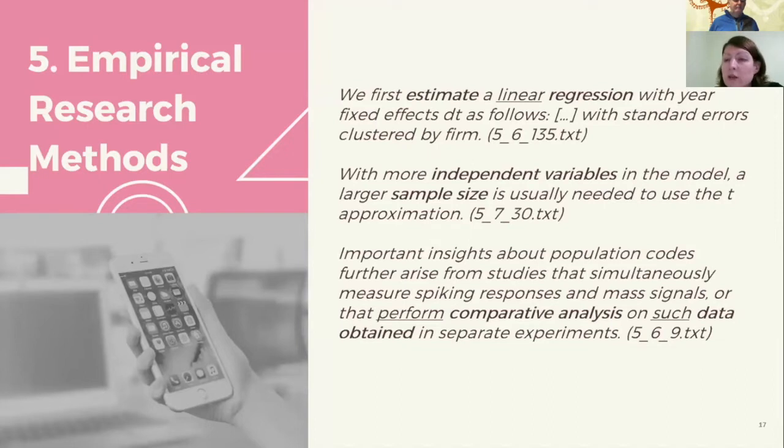With more independent variables in the model, a larger sample size is usually needed. And then we have, perform comparative analysis on such data obtained in separate experiments. So these are all about verbs and the nouns that are used to describe statistical procedures, and then action verbs on what exactly is being done in these studies.